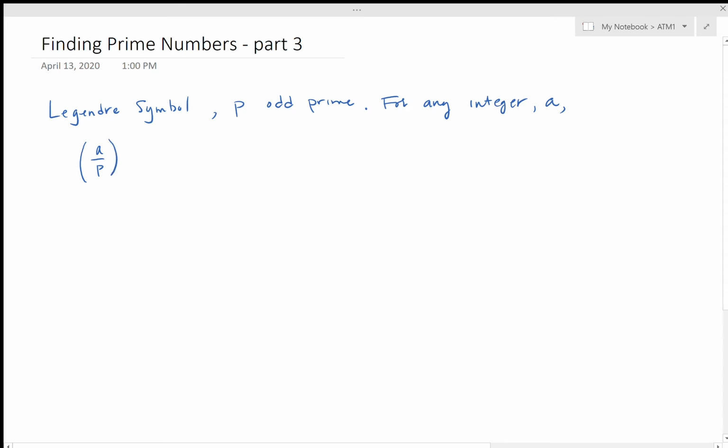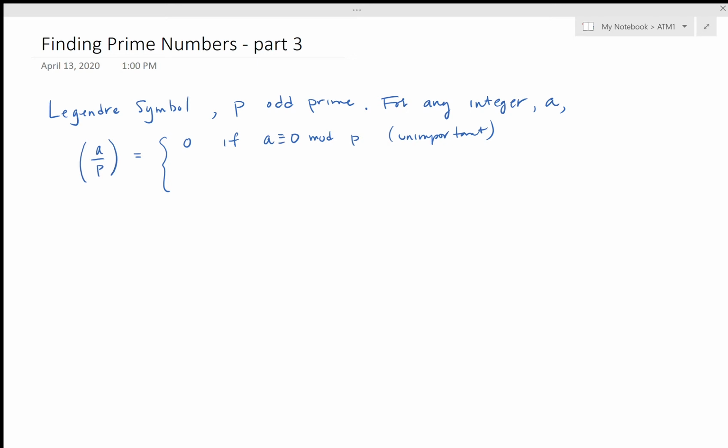It's A over P, where P is prime, and that symbol will equate to 0 if A is congruent to 0 mod P. This is unimportant. As you saw before, we're often excluding the values of A which are evenly divisible by the prime.